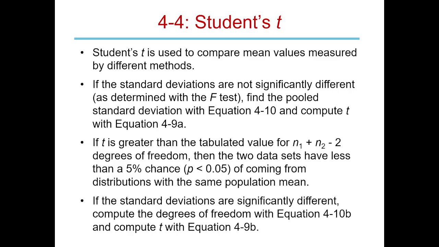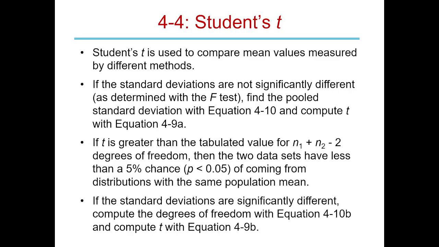The easy way to remember that is that you have very similar standard deviations, and so you can pool them together, and that's going to simplify work down the line. Does that make sense? Okay. And so you can go 4.10, 4.9a, to compute your t. And it's a little easier.